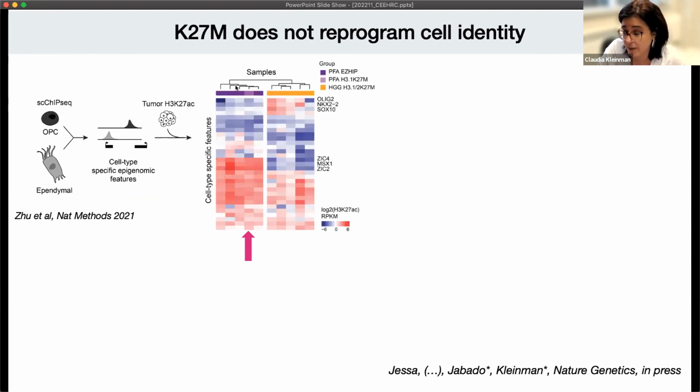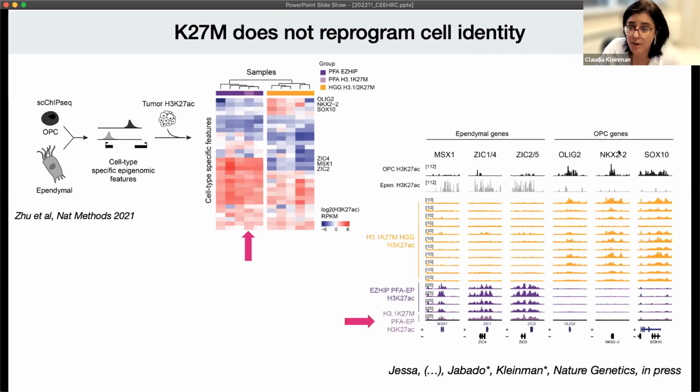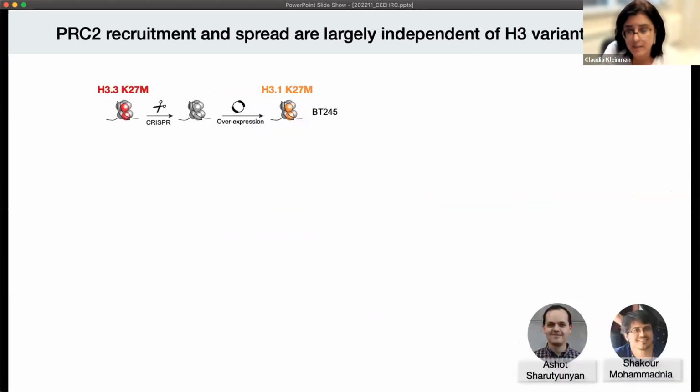And ask the question again, what does this patient look like? It looks like a bona fide ependymoma in this clustering analysis, or when we look at bona fide ependymal and OPC genes very well characterized, the epigenome conformation in this tumor for cell identity genes is very much like an ependymoma. So we don't see a major reprogramming of cell identity.